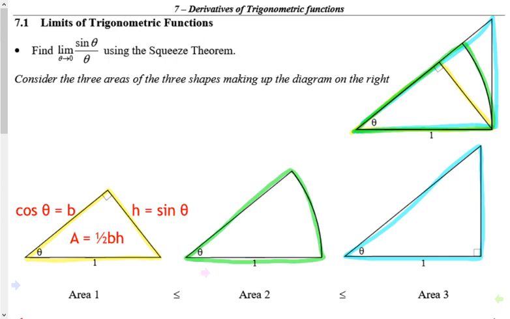Area of a triangle is 1/2 base times height, and I'm going to choose the base to be the side labeled there, and since my hypotenuse is 1, the cosine of this angle theta will be the adjacent over 1, so it's just this adjacent side, which is b.